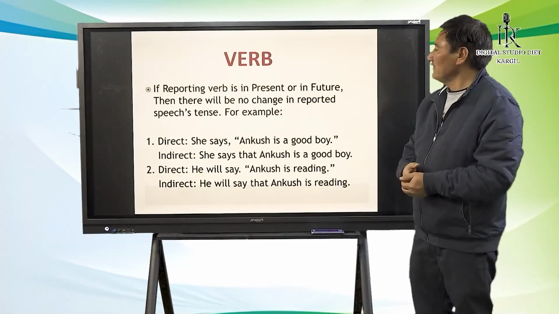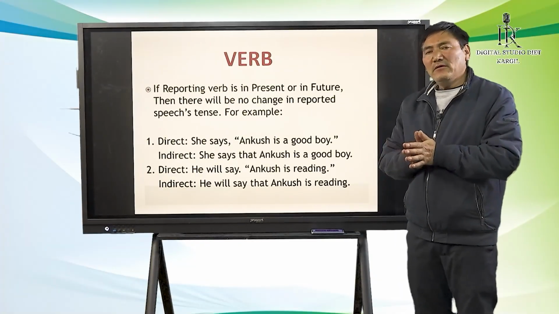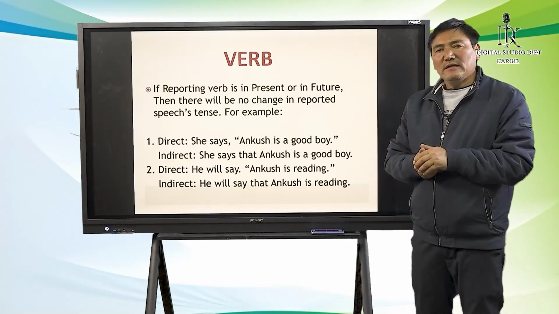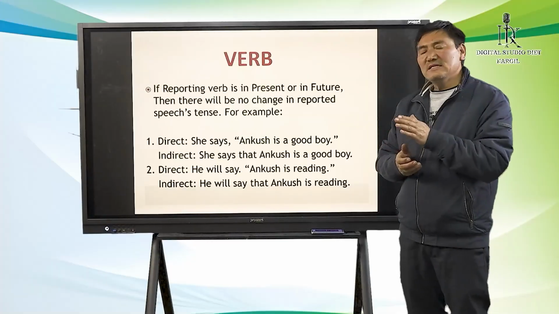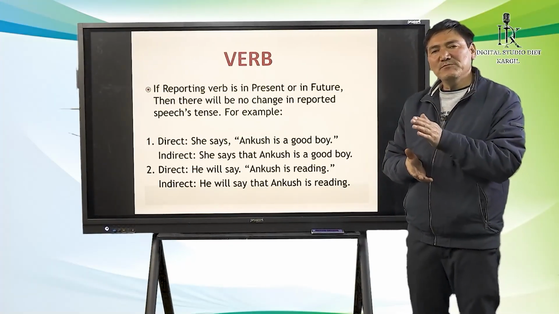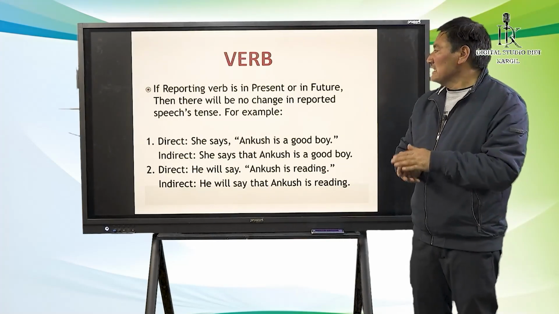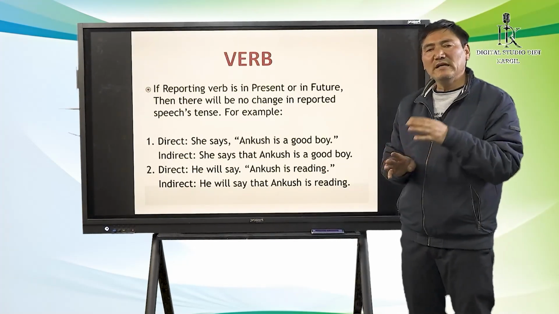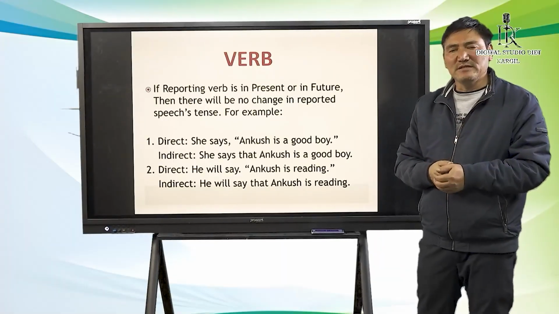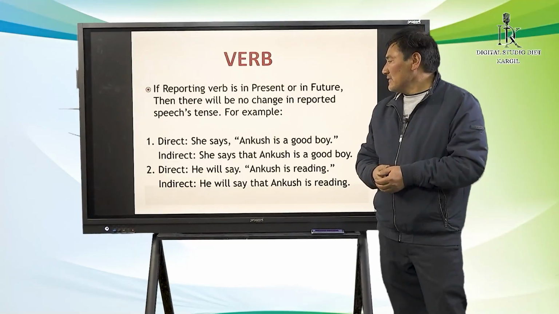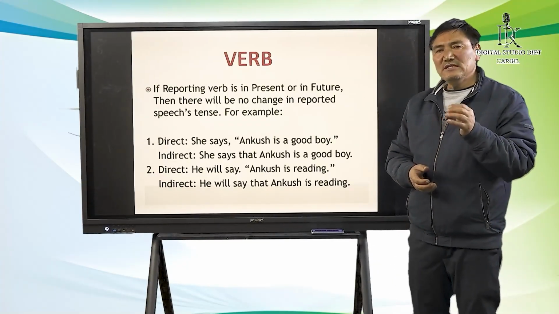Next, verb. Now we shall say that if the reporting verb is in present or in future tense, then there will be no change in the reported speech while writing in the indirect speech. For example, direct speech: She says, Ankush is a good boy.